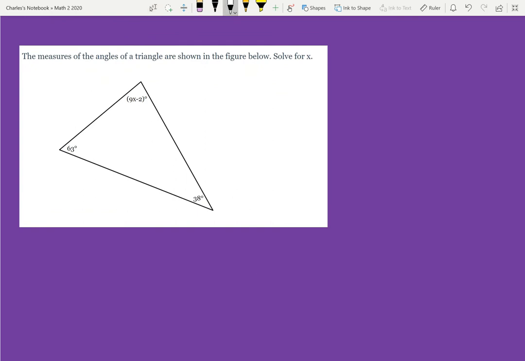Then you'll be given somewhere. It's kind of the same thing, only you're given, instead of just an x, you're given an expression. So you just need to do 63 plus 38 plus 9x minus 2 is equal to 180.